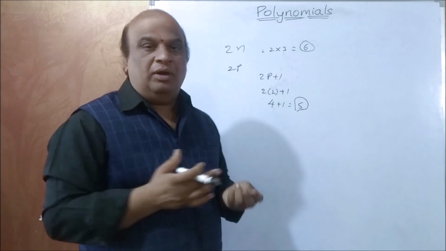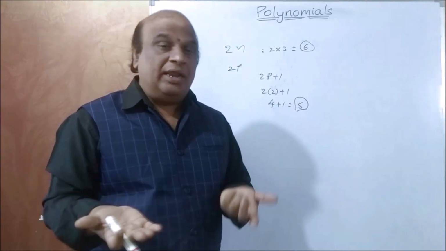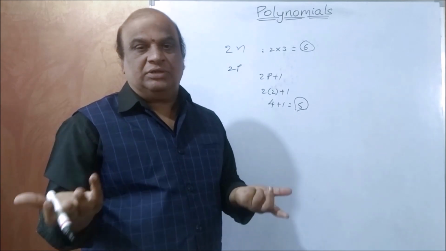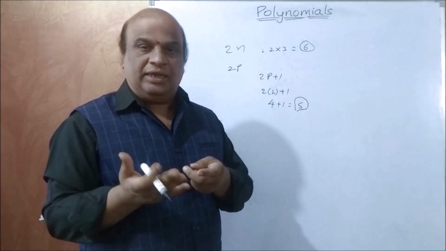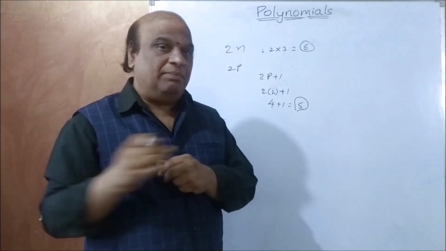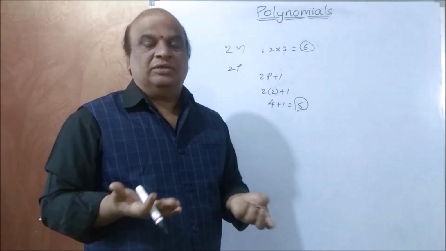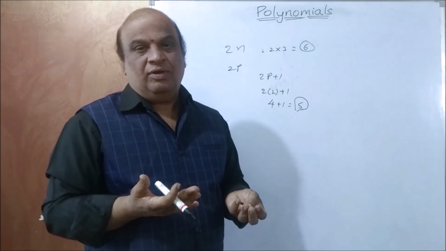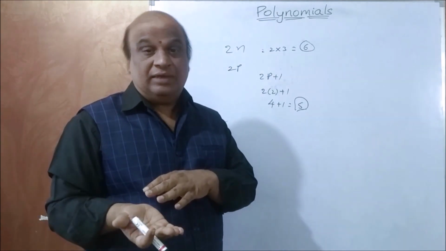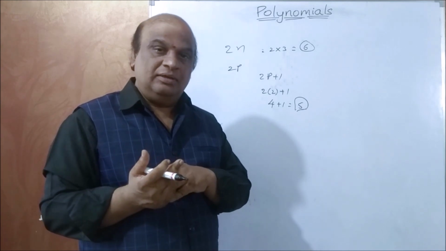Suppose one more example. What is the area of a rectangle? L into B. Generally we are using L into B. Why are we not saying it by using numbers? It is not possible. What is the area of a square? S square, that is the formula.